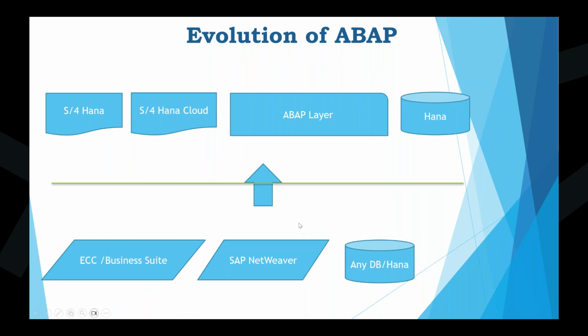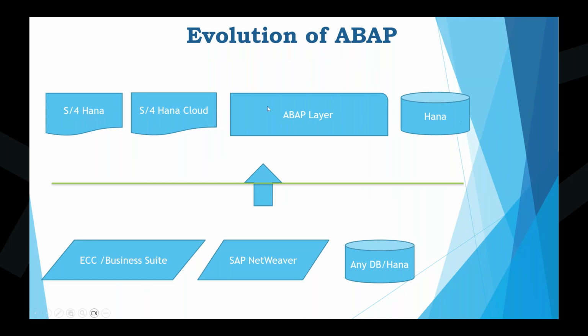Now we have upgraded to the latest S4HANA systems. Instead of ECC, we have S4HANA on-premise, as well as S4HANA public cloud and private cloud. The entire thing we call the ABAP layer, and we connect to the HANA DB now.